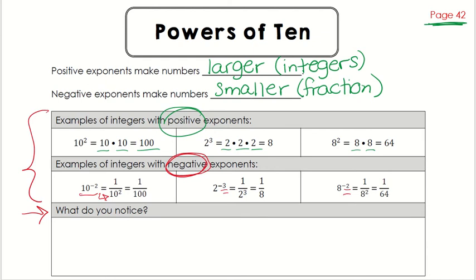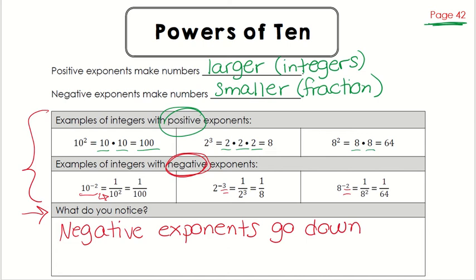You can write down something somebody else said, something you said, something that clicked with you, but basically what I'm going to write is: negative exponents go down and equal the positive form.